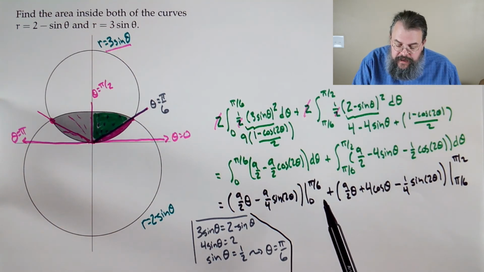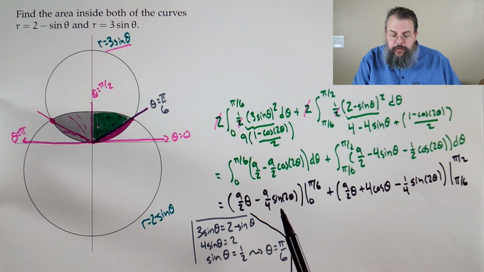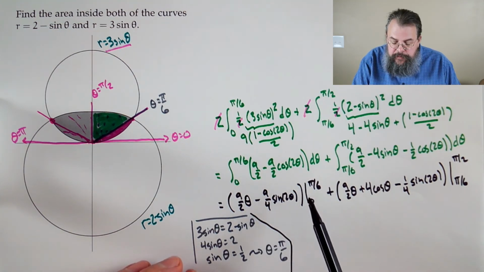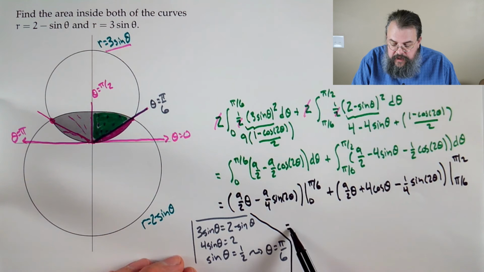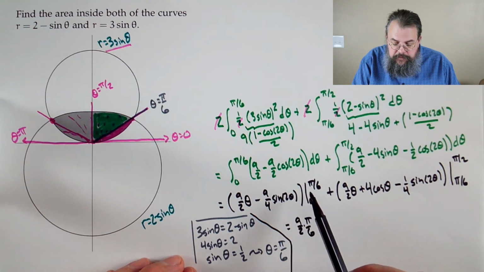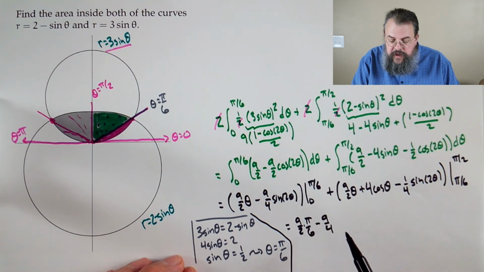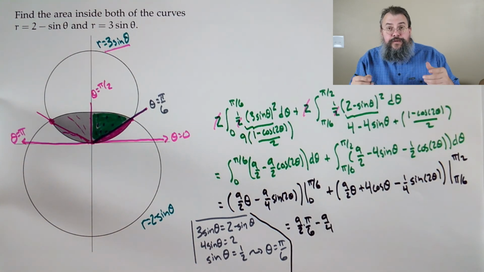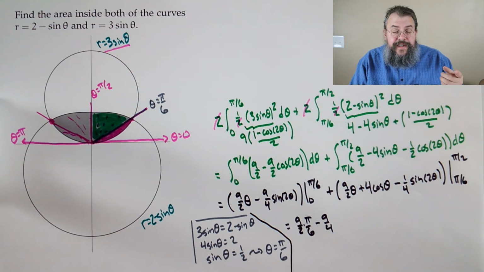So when we plug in pi over 6 here, we're going to get 9/2 times pi over 6. Clean that up later. Then we have minus 9/4 sine of 2 pi over 6, sine of pi thirds.